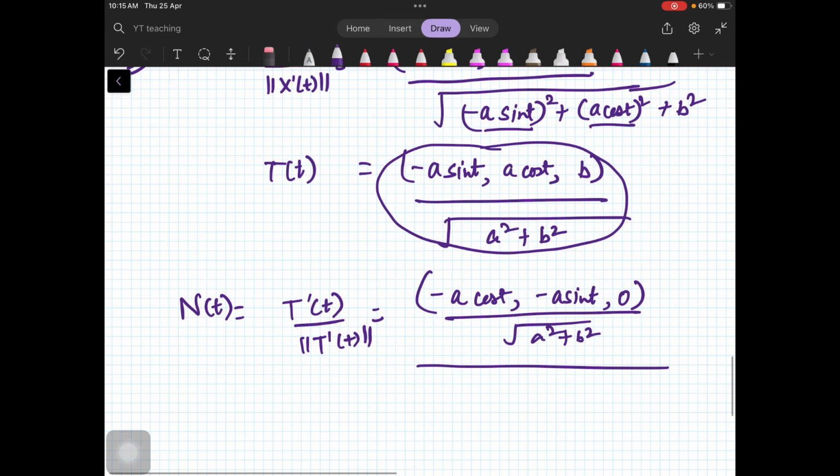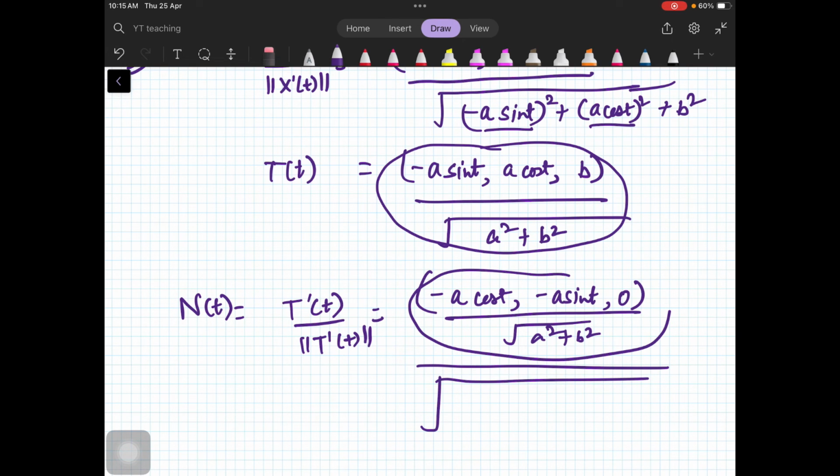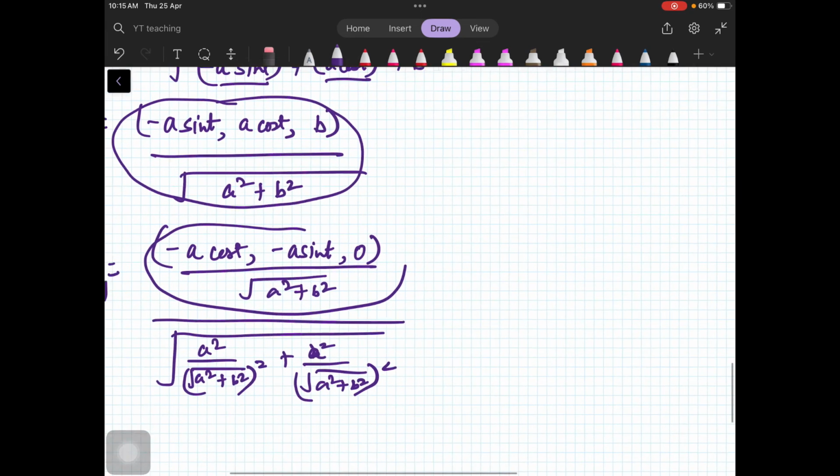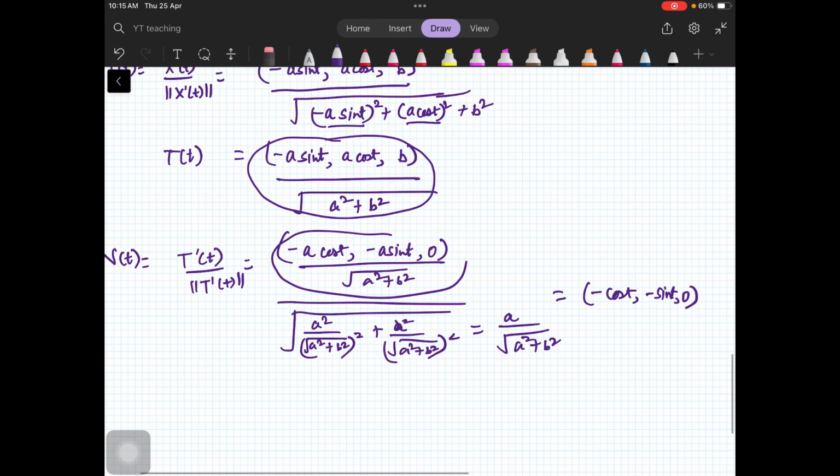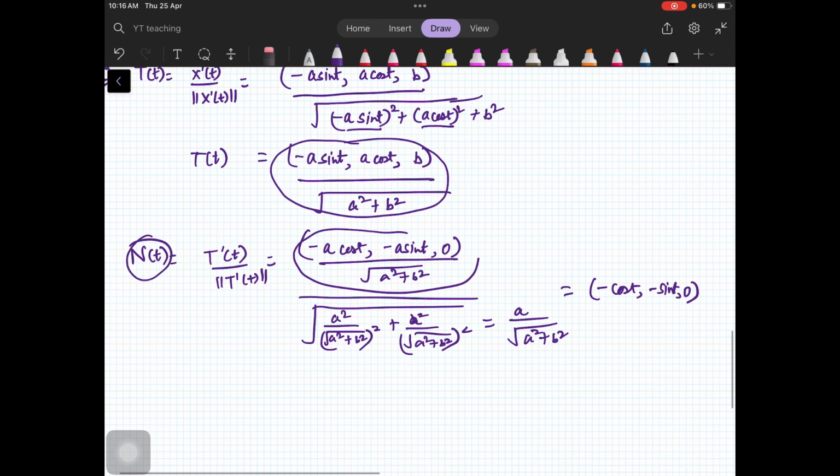If I take the modulus of this vector, the x component squared is a² upon a² + b², plus the y component squared, a² upon a² + b². So the modulus is a upon the square root of a² + b². So a and the square root of a² + b² cancel, and I get (-cos t, -sin t, 0). So this is my N vector.